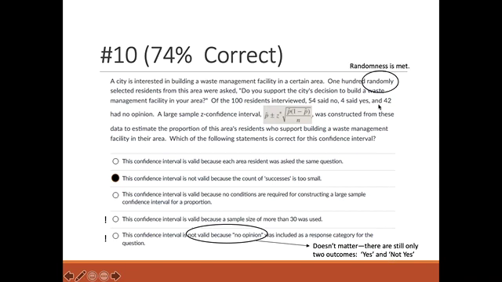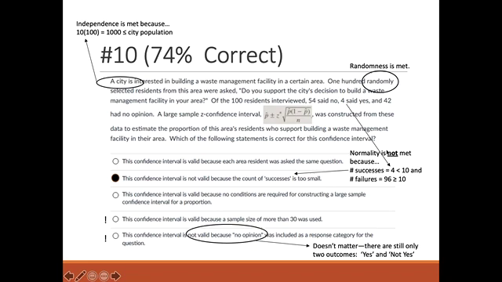So in terms of the conditions, then look, randomness is met, no problem. Independence is met because we're considering this to be a city. If this is actually a city, 10 times 100 would be 1,000. That would be less than or equal to the population of the city. So the problem here involves the success and failure counts.